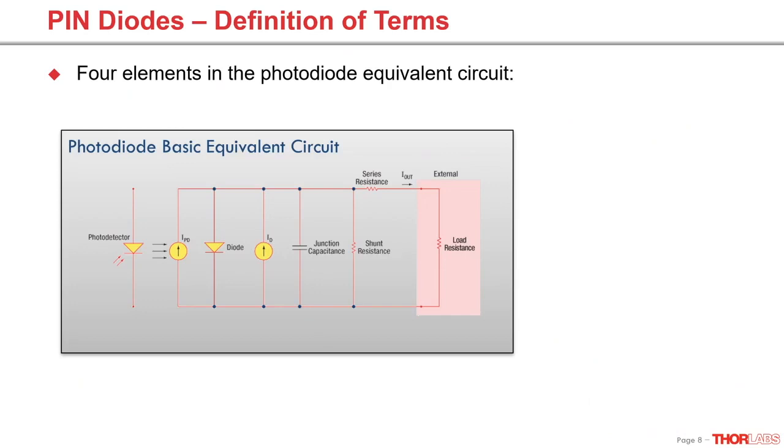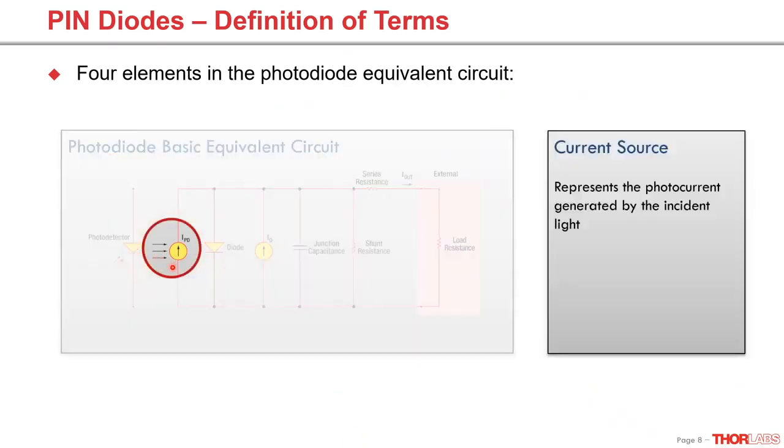Now, to understand the limitations in speed or sensitivity, we need to have a look at how a photodiode behaves from an electrical technician's point of view. Starting point is the current source that enables the flow of electrons caused by the incident photons.